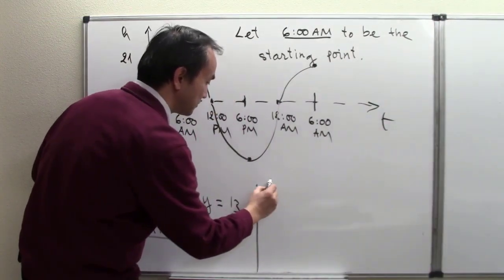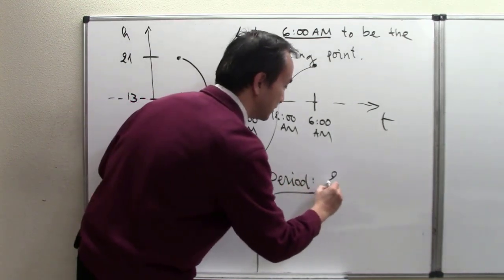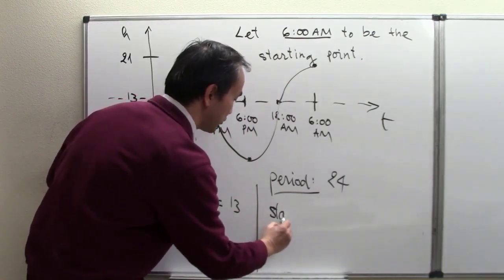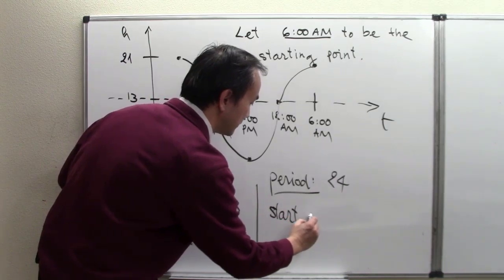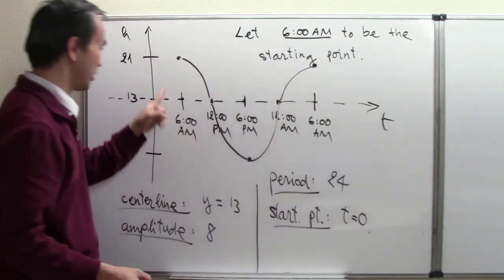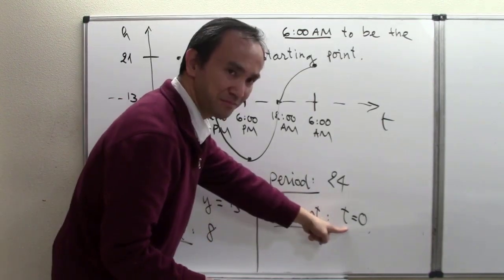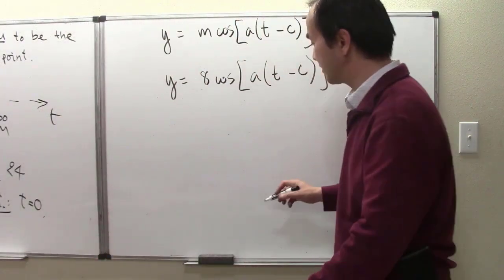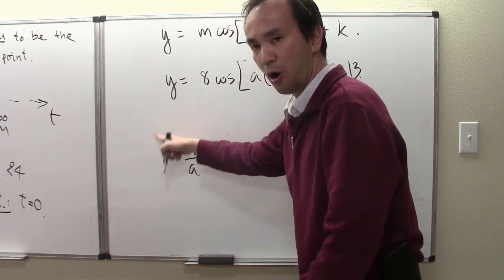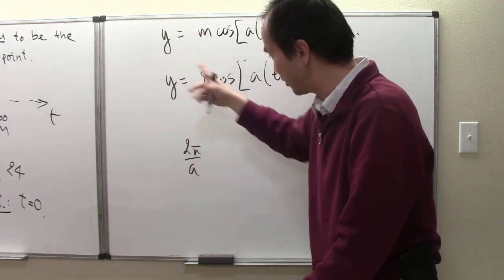Now with the period, one complete cycle is given to be 24 hours per period. And further, we chose the starting point to be at t equals 0, corresponding to 6 a.m. Then we can now complete our equation. 2 pi over a is always the period for any sinusoidal function, sine or cosine.